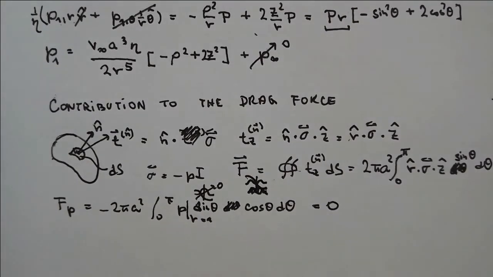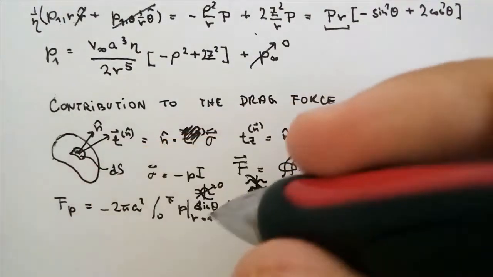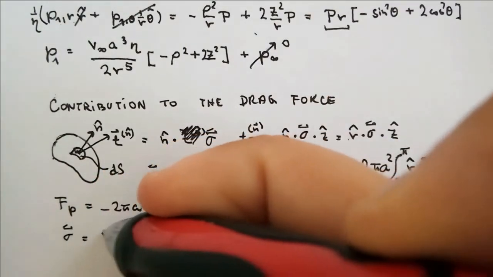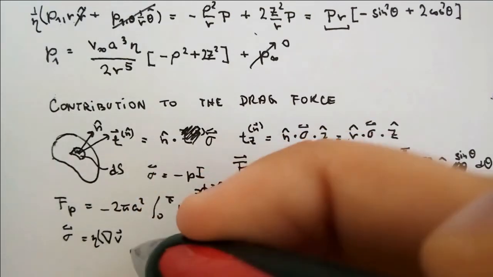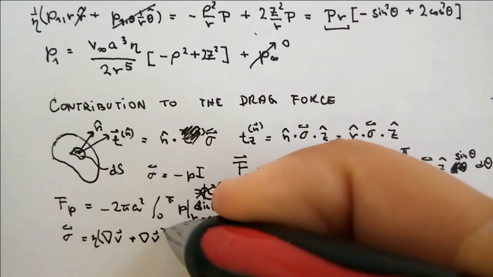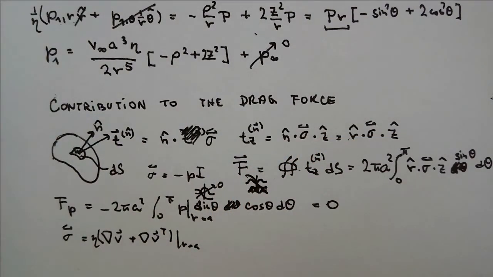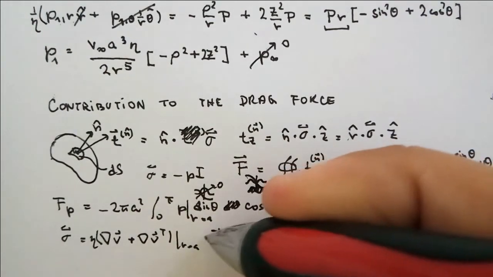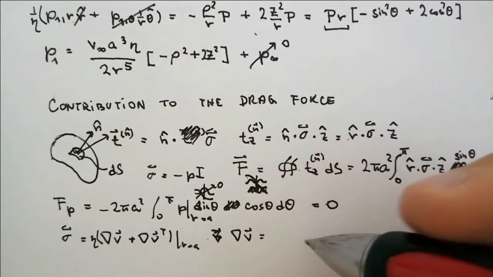And for the velocity term, the viscous term, you have to compute this stress tensor. Its proportion is eta times this plus gradient of V transposed at r is equal to a. As you know, the gradient of V is gonna be what?